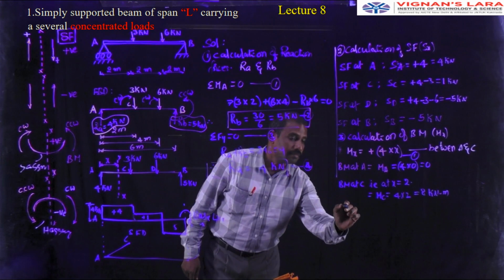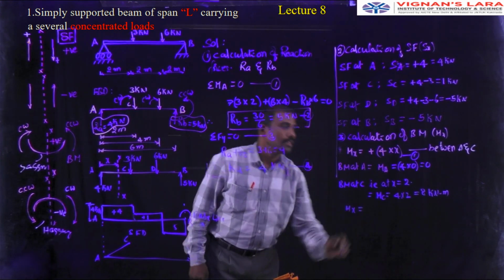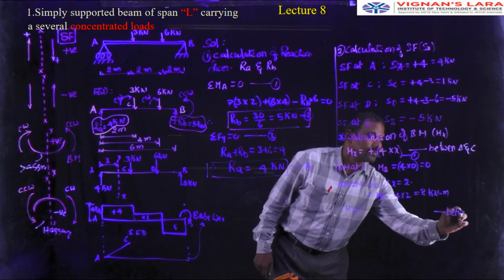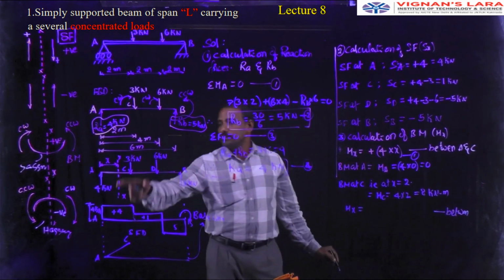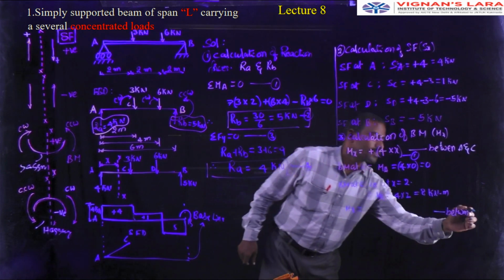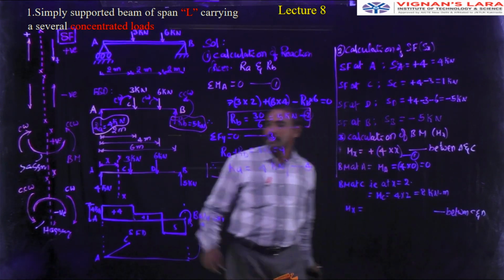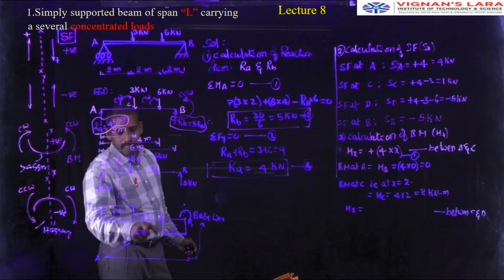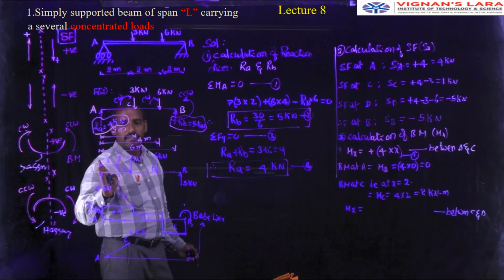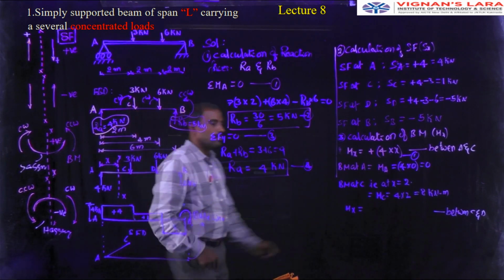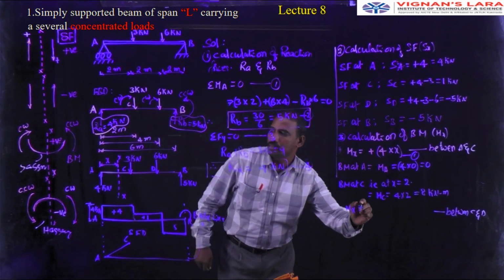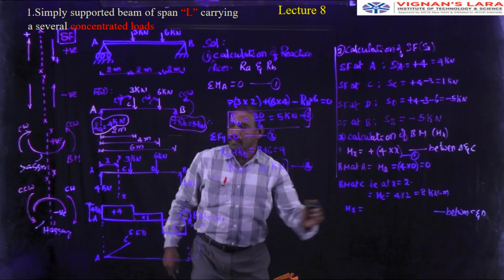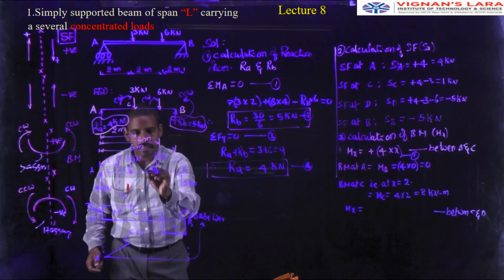Next Mx is equal to, just I would like to take the section XX between C and D. It means the x value varies from A. So therefore Mx is equal to. Let us consider this is the section XX.